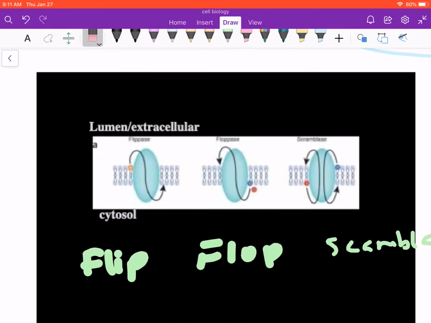Can you repeat that one more time? Of course. About the floppase. Flippase is moving a phospholipid from the luminal side to the cytosolic side. Floppase is doing the opposite, cytosolic side to the luminal side.